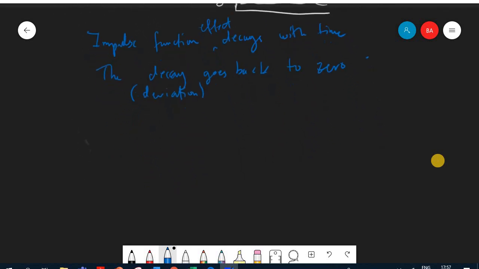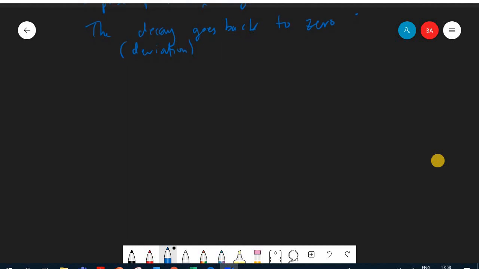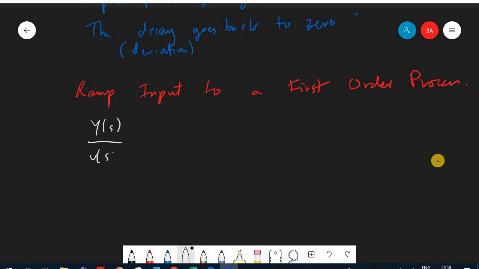So this is what we have if we have an impulse input to a first order process. What about if we now have a ramp input to a first order process? Again, we are going to start with our generic format of a first order process.